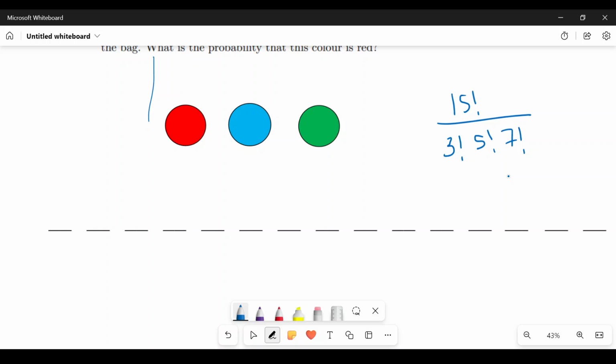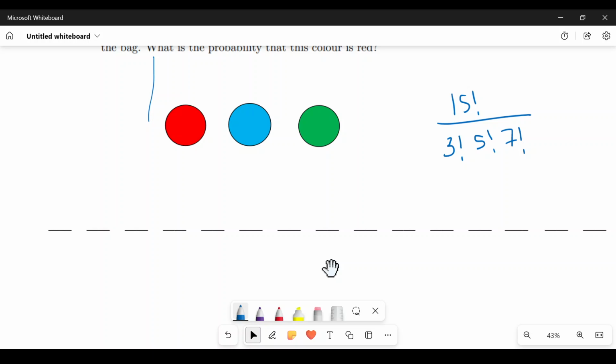So the total number of ways that I could reach into the bag and pull out 15 marbles one at a time, so here I am, and I'm trying to use brackets, you don't want to do 15 factorial equals, right? So I'm using brackets and I'm typing it in all at once. So my entire denominator is in a bracket, factorial times 5 factorial times 7 factorial.